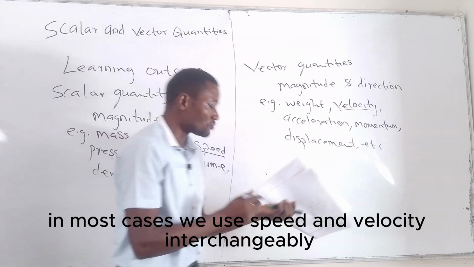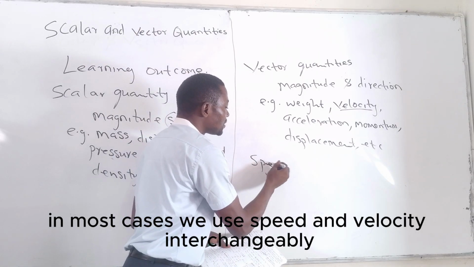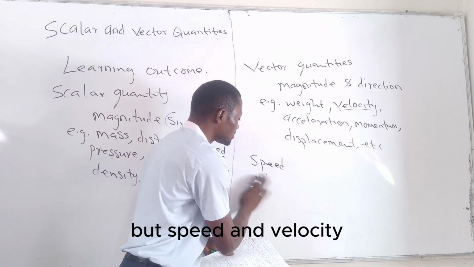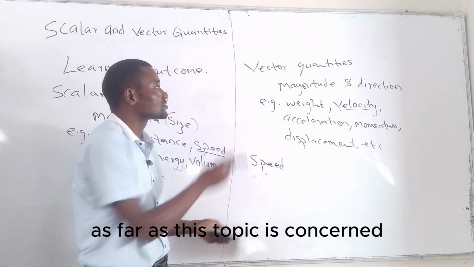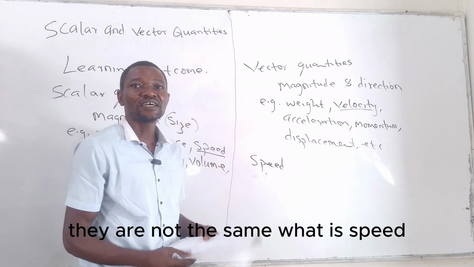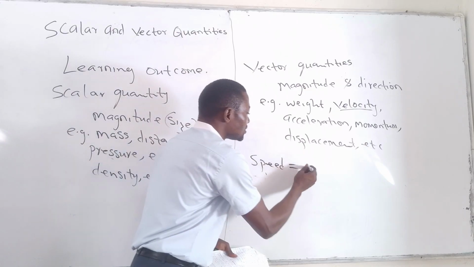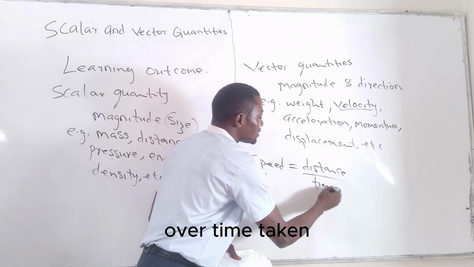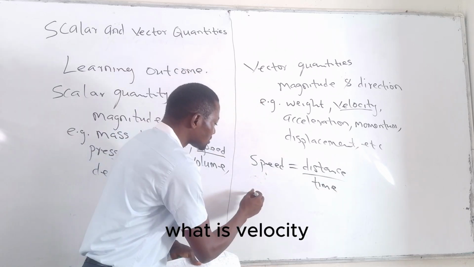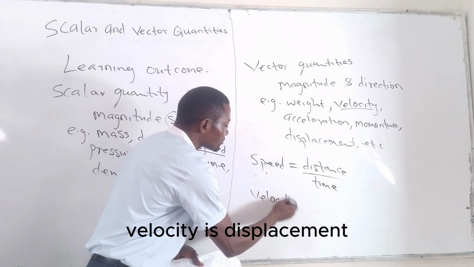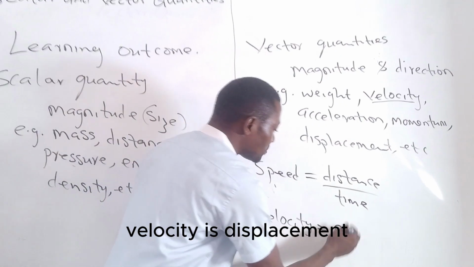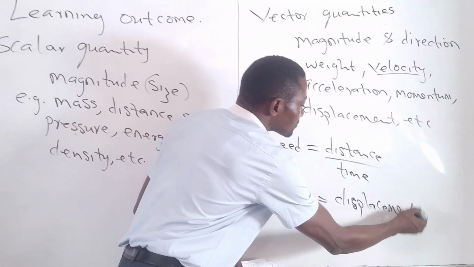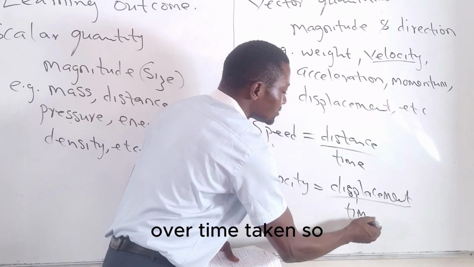In most cases, we use speed and velocity interchangeably. But speed and velocity, as far as this topic is concerned, are not the same. What is speed? Distance traveled over time taken. What is velocity? Velocity is displacement over time taken.